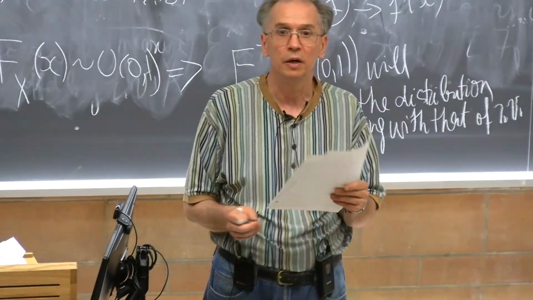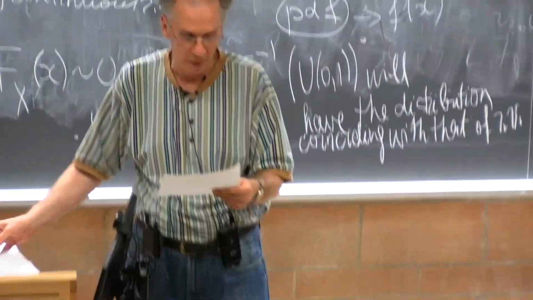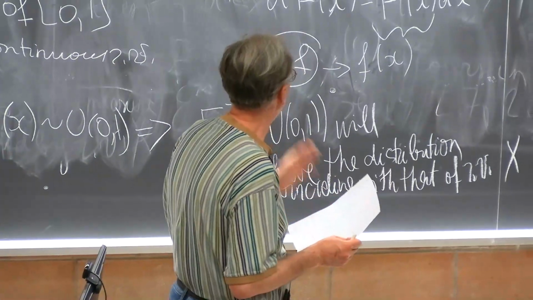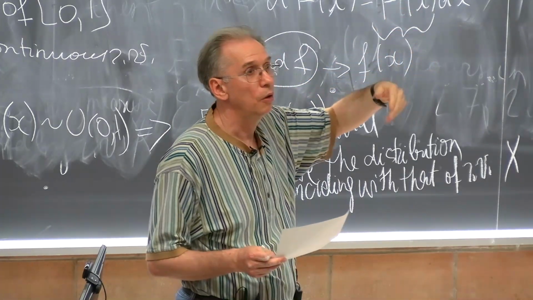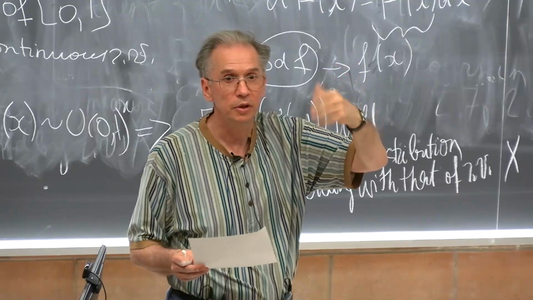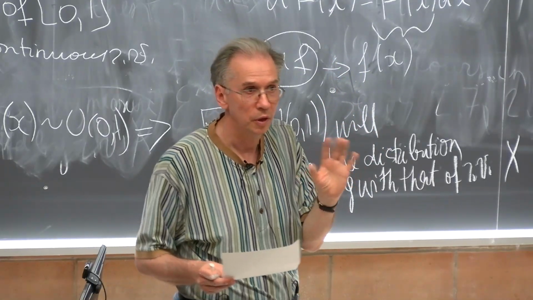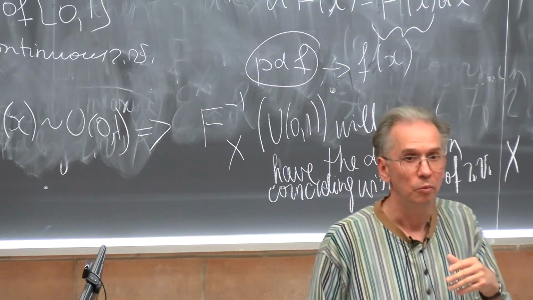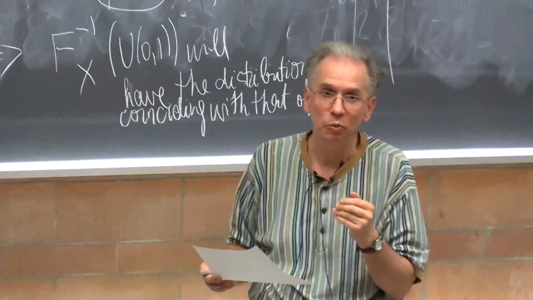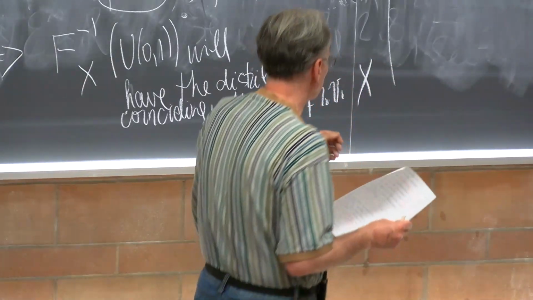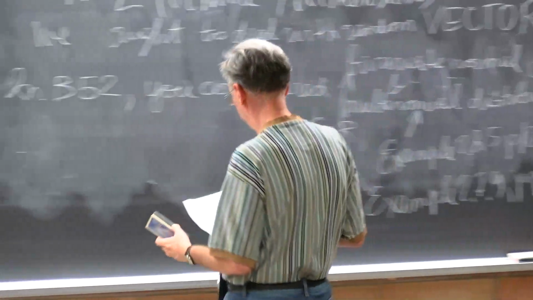So anyway, let's talk about two dimensions. How to generate probability measures on R squared. So I mentioned Borel sets on R2, which are generated by particular intervals.